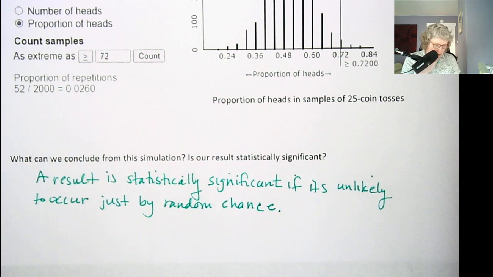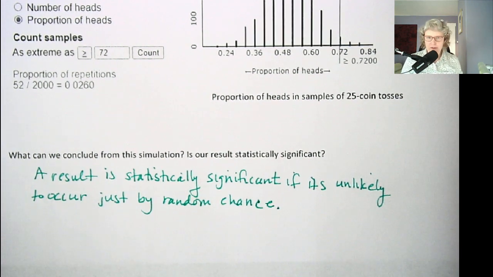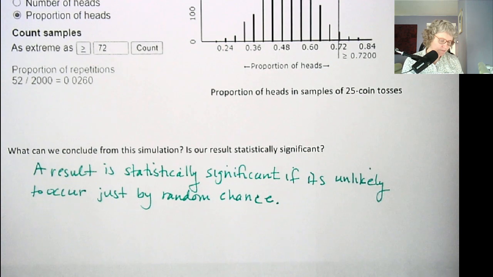Okay, and we often use, we'll learn more about this in detail, but we often use 5% as a guideline for that. If it's less than 5% chance of happening.